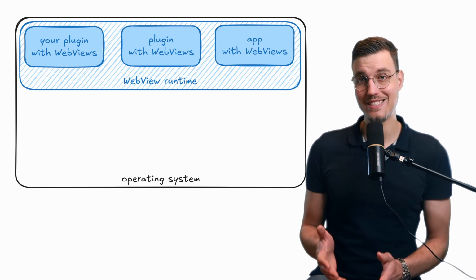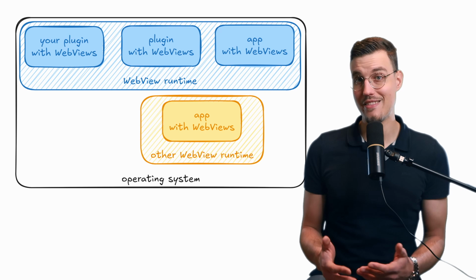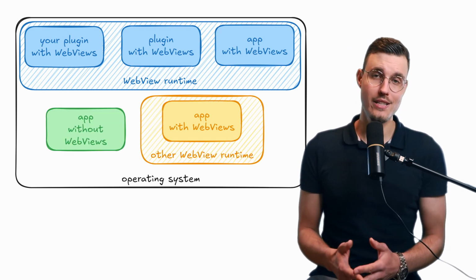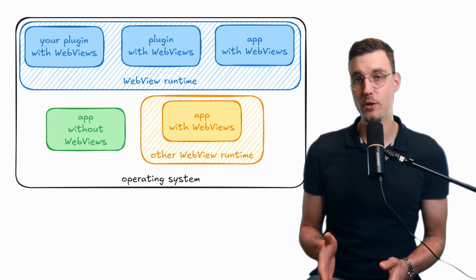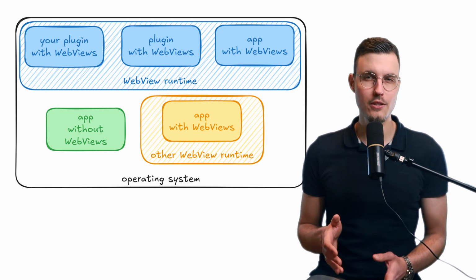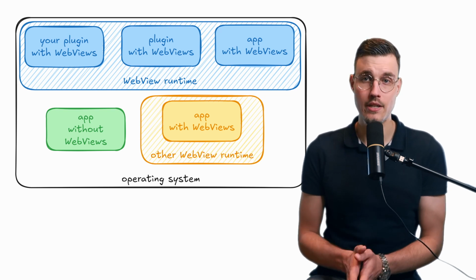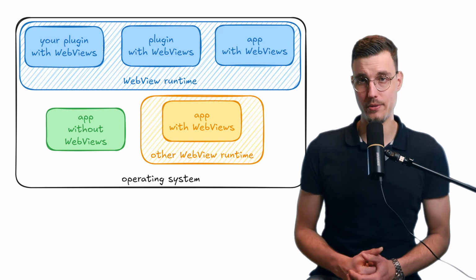Some use WebViews and the same runtime as your plugin. Others use WebViews and a different runtime, while yet other apps don't use WebViews at all and thus don't need a WebView runtime. In most of the cases, you have little or nothing to worry about when it comes to handling WebView runtimes. There may be cases, however, when you need to pay special attention to it.